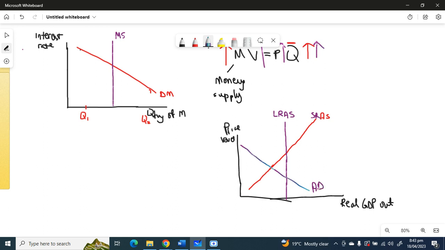A recessionary gap in this graph is represented where the current output, Q1, is less than the real GDP output at full employment.